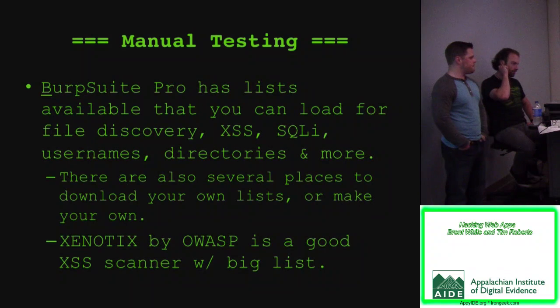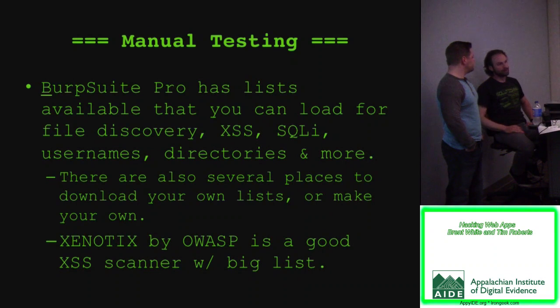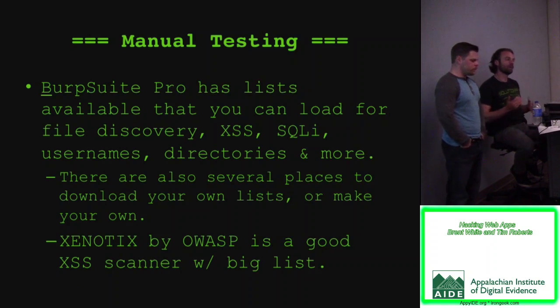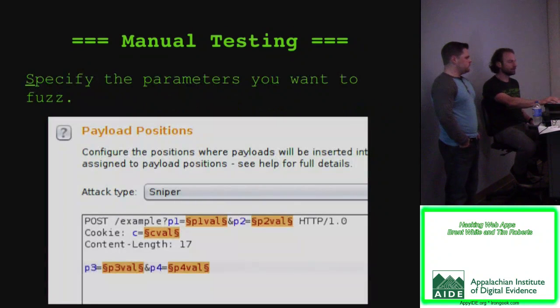Earlier we mentioned that Burp Suite has these files that you can plug in, the lists that are available or that you can download. There are also other places you can make your own list. You can use Xenotix by OWASP. It's a nice tool that we use sometimes for cross-site scripting when you have a huge list. There's tons of tools out there.